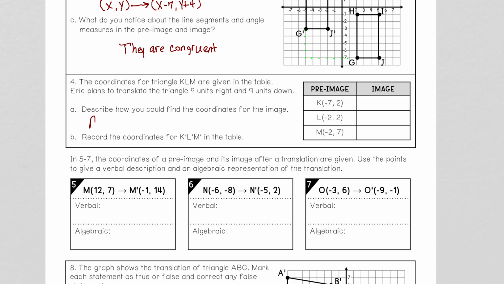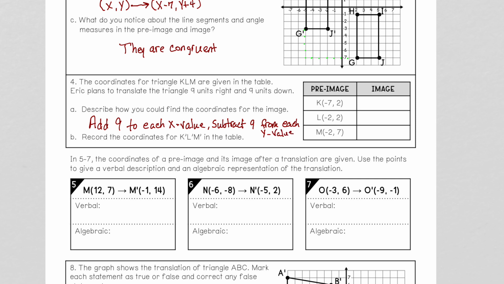So you're going to add 9 to each x value, and then subtract 9 from each y value.